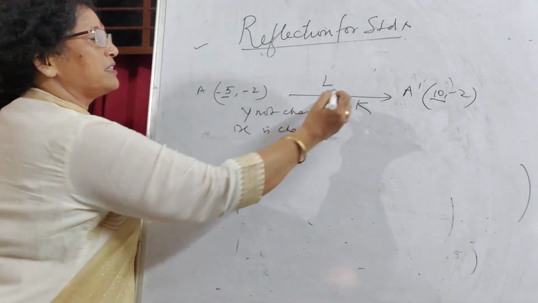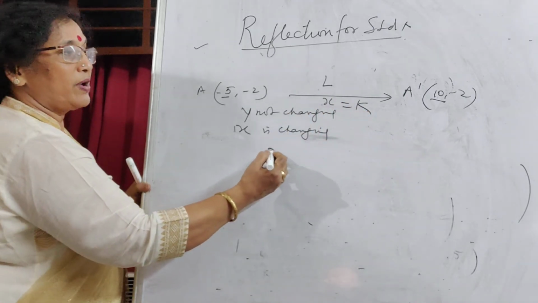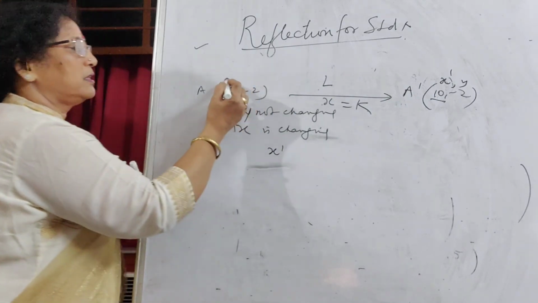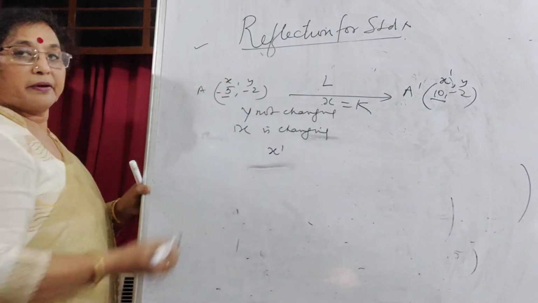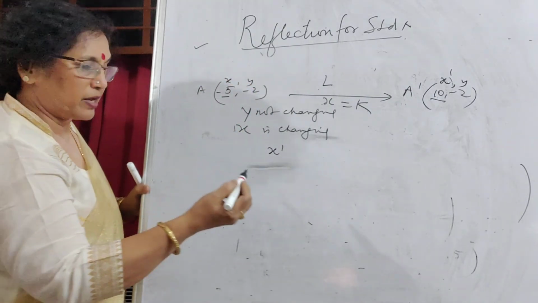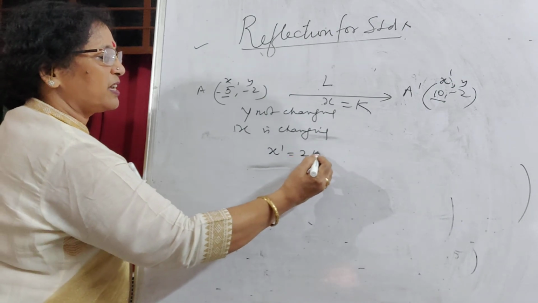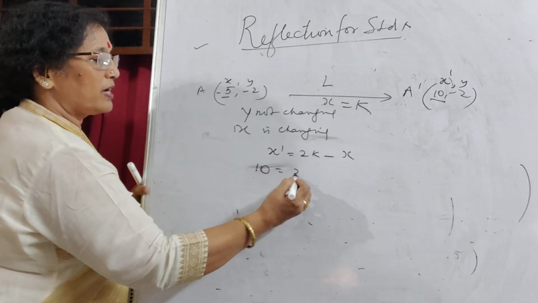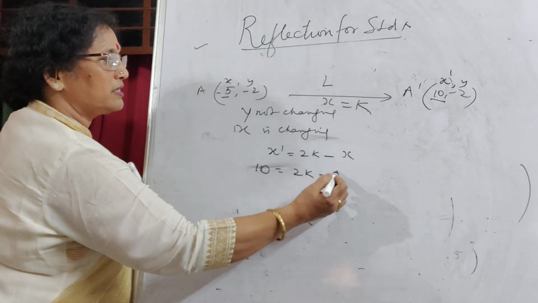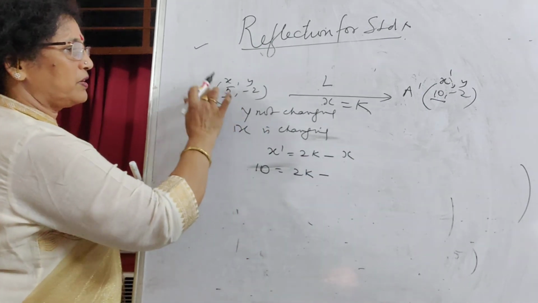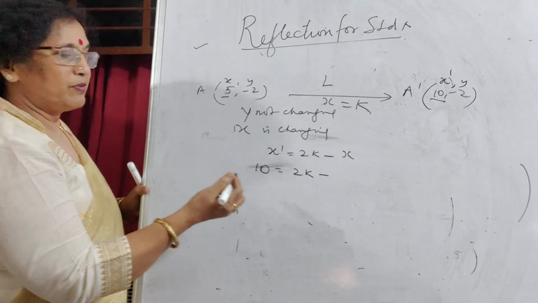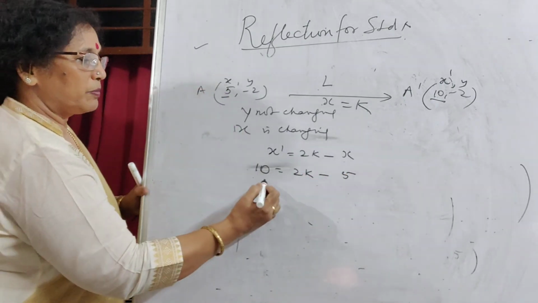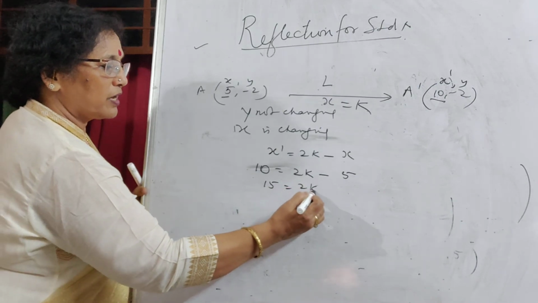So this will be x equals k. What is the formula now? X dash is twice k minus x, and y is the same, so I am putting y. X dash is 10, so 10 equals twice k minus 5. Let's take 5 across. So it becomes 15 equals 2k.